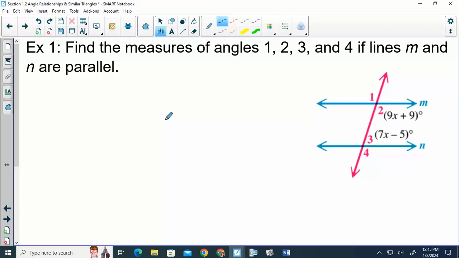We have to start the two angles I told you something about were 2 and 3. What would be true about the measures of angles 2 and 3? Those are supplementary, so they add up to 180.